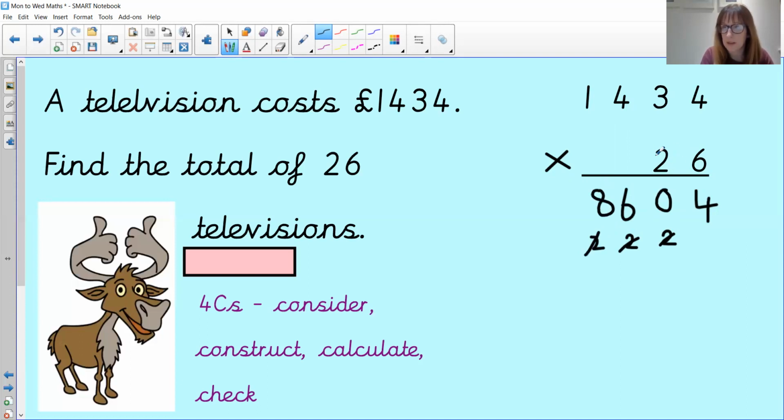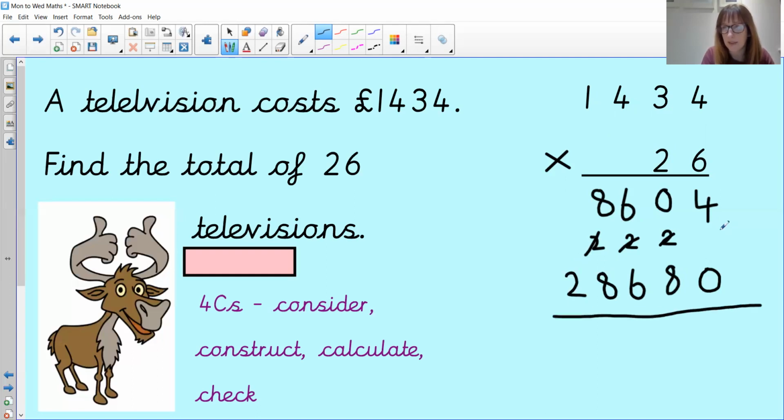Okay, so now I'm going to multiply by the 20. So I'm going to put 0 in as my placeholder first. 4 times 2 is 8. 3 times 2 is 6. 4 times 2 is 8. And 1 times 2 is 2.